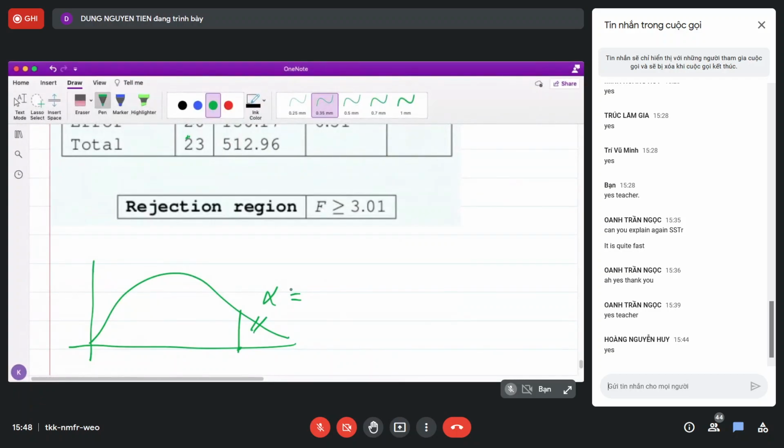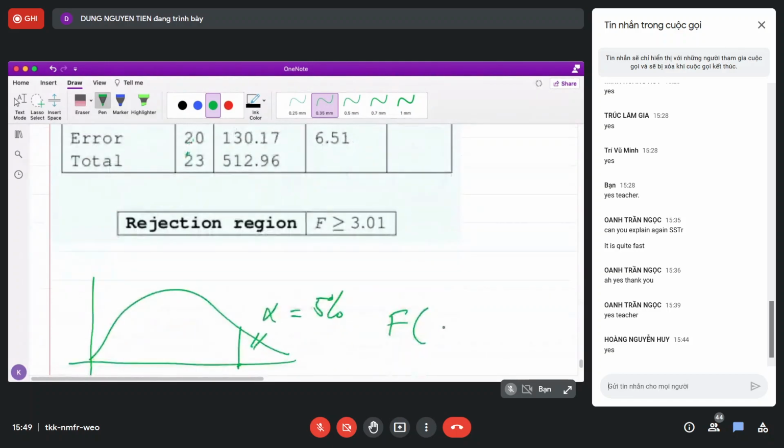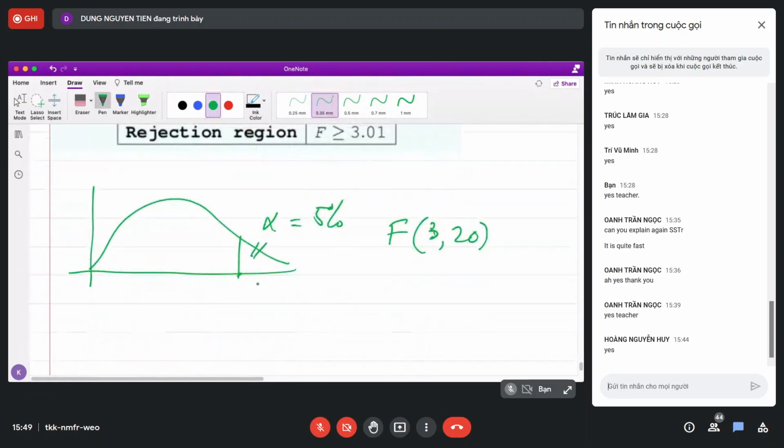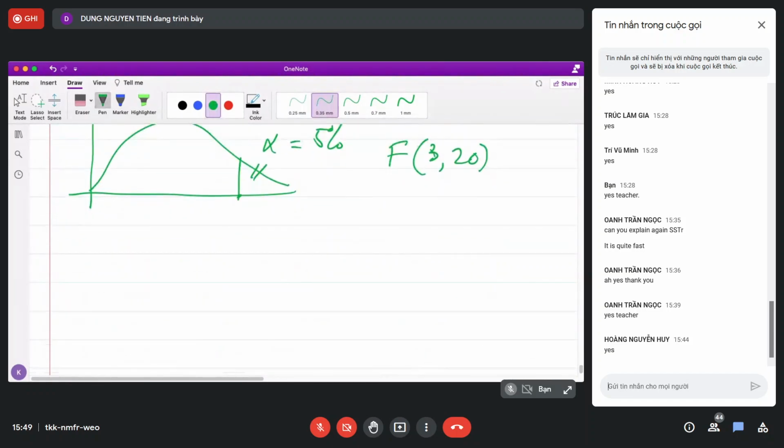You are using the Fisher distribution with two degrees of freedom, 3 and 20, and you can use the software or the tables to get that number. I will show you how to find it using the Fisher distribution table.